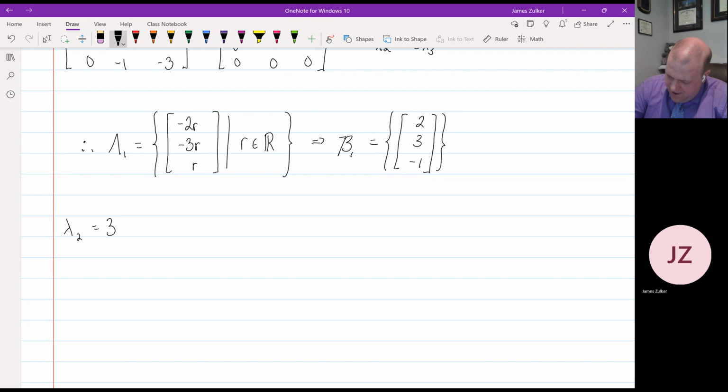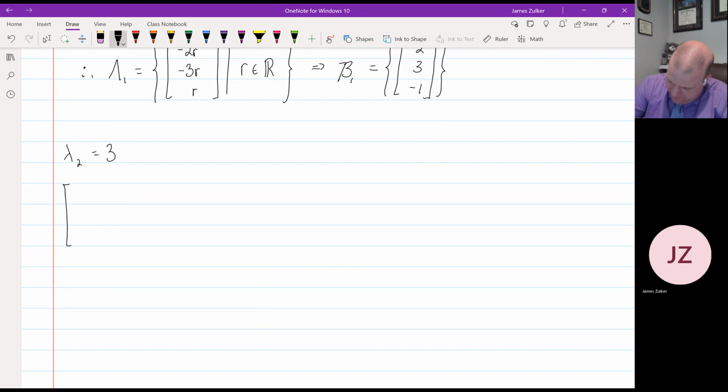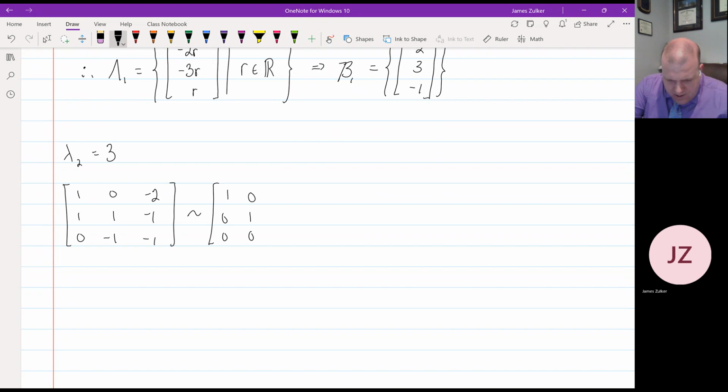Looking at the eigenvalue 3, this will reduce. So x1 is 2x3, x2 is negative x3.